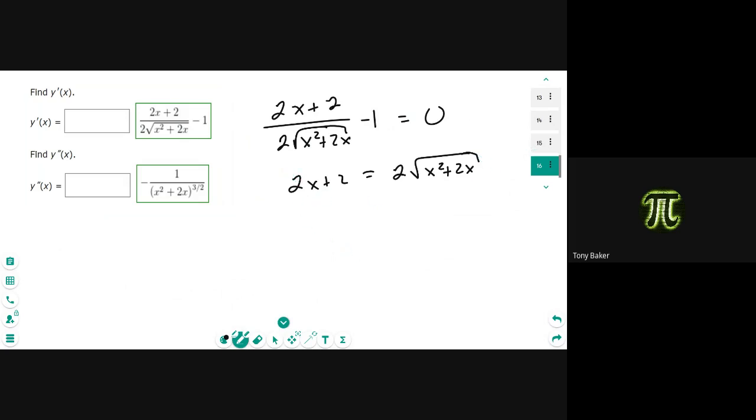Square both sides. So we get 4x squared plus 8x plus 4 equals 4x squared plus 8x.